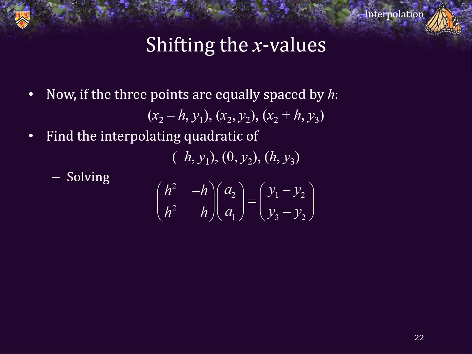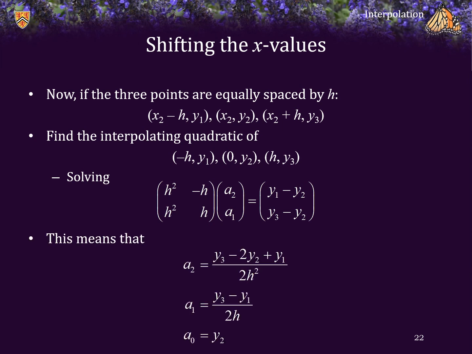Solving this requires us to solve this system of 2 linear equations in 2 unknowns. This is something that you can actually solve yourself algebraically. If you were to do so, you would find that the constant coefficient is, once again, y2.